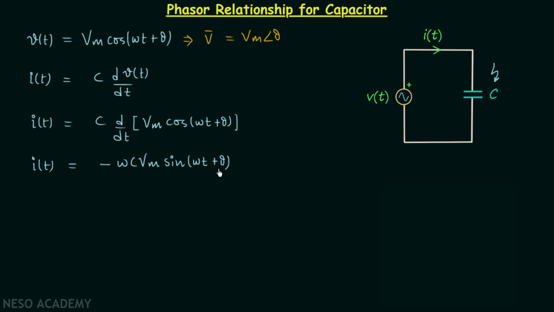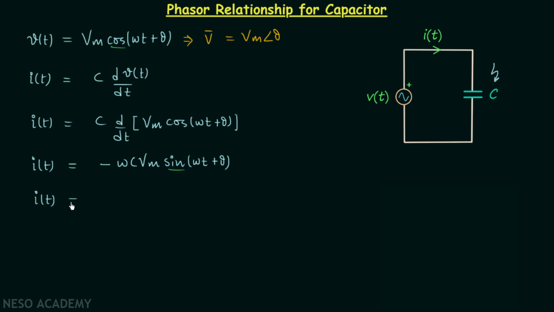Now when we try to compare v(t) and i(t), we can see that v(t) is in cosine form and i(t) is in sine form, and therefore we cannot compare voltage and current, and hence I will write down current in cosine form.